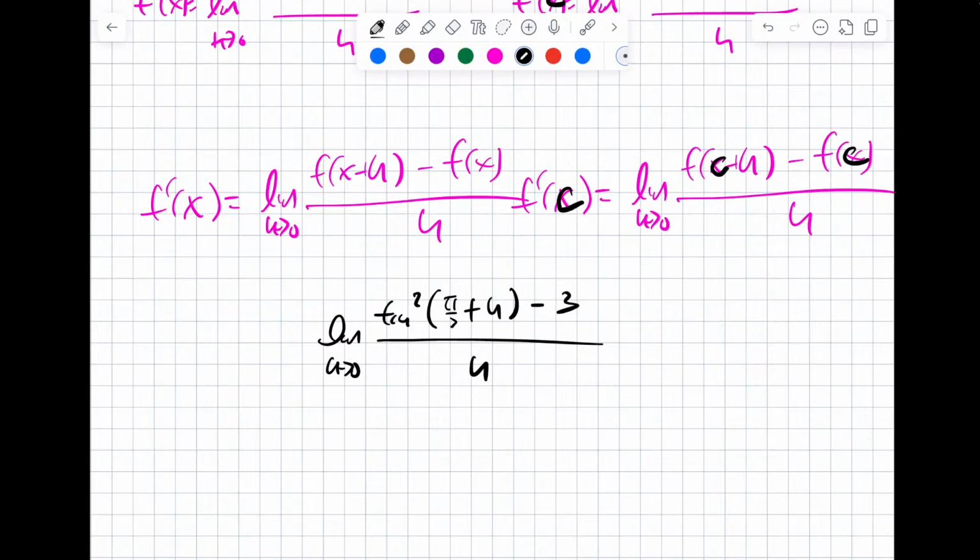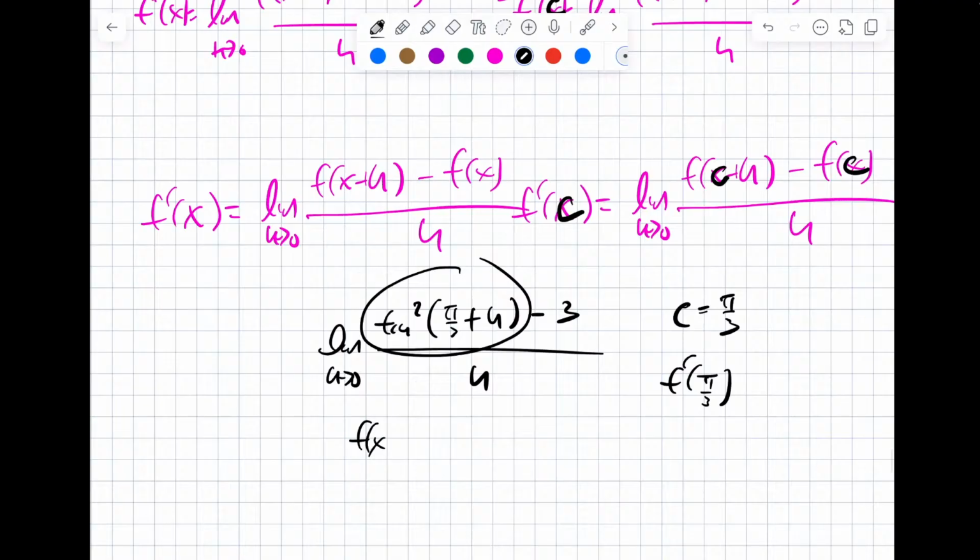But again, you have to tell the function from here. Which function? And we also know c. c is equal to pi over 3. Immediately, we can see that's pi over 3, which means we want the derivative at pi over 3. But the problem is, which function? Plugging in pi over 3 plus h gives me tangent squared of pi over 3 plus h.